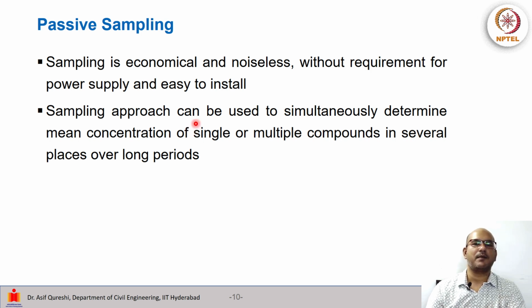That's why this sampling approach can be used to simultaneously determine mean concentration of single or many compounds in several places over long periods. So we go to one place, we install, we go to another place, we install, and then we can collect after several months or 1 month. So we have very good spatial coverage and temporally averaged information.